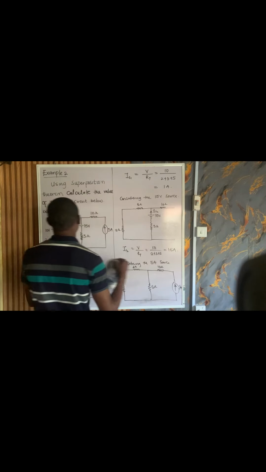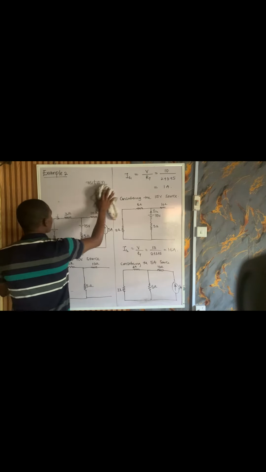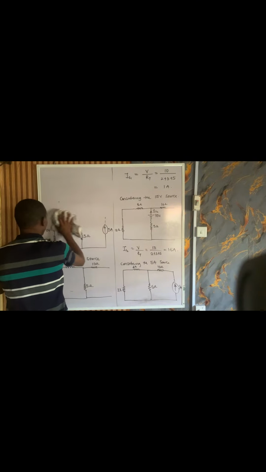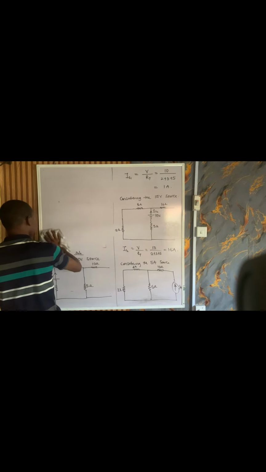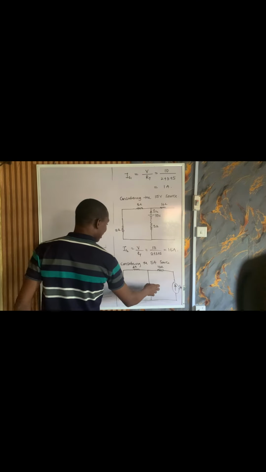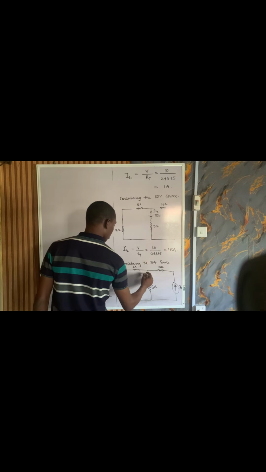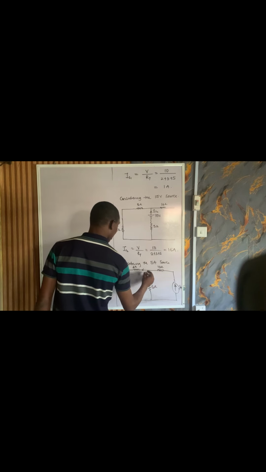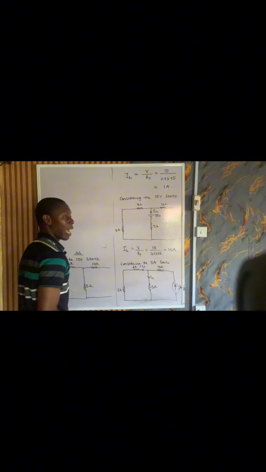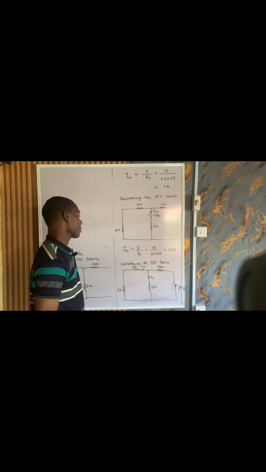So we want to calculate what is the current that gets to this part here and here. Let's call this I1 and let's call this I2. Actually, we need our I1.